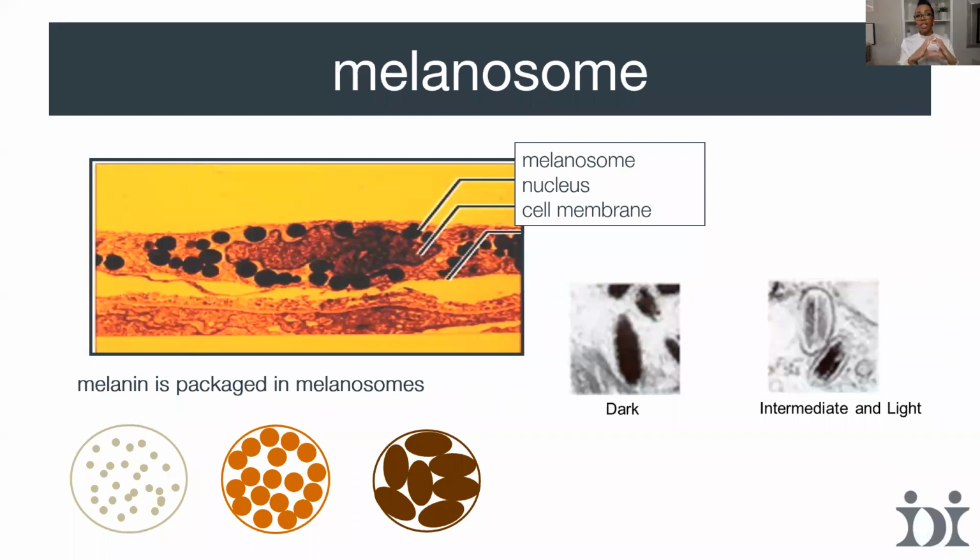A medium skin tone and its variants have almost that analogy of a peppercorn. So it's a little bit more filling up of that melanosome package, but you can still see some space there. Melanin-rich or darker skin tone and its variants has more of what we compare to coffee bean-like structures.